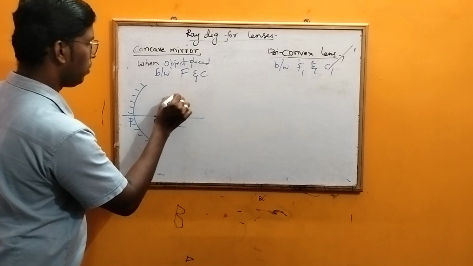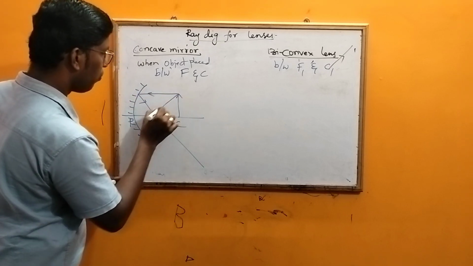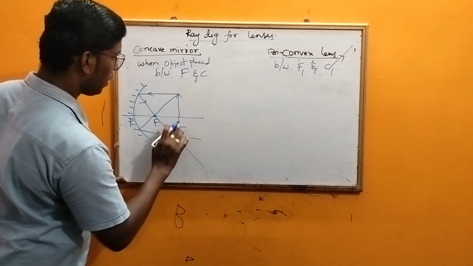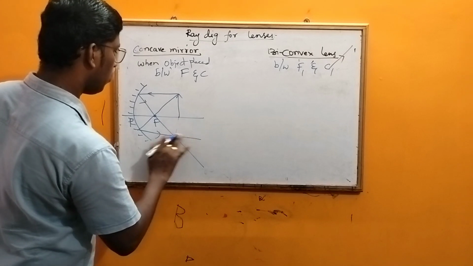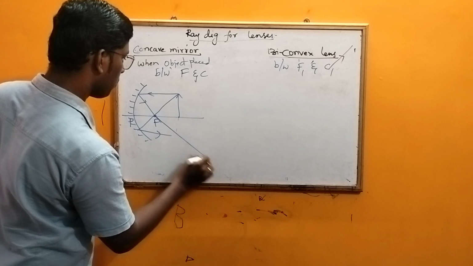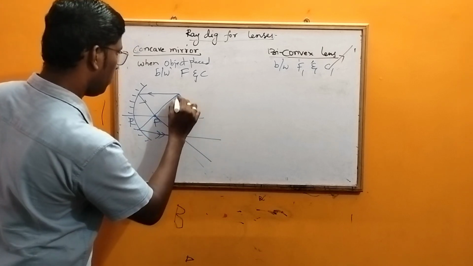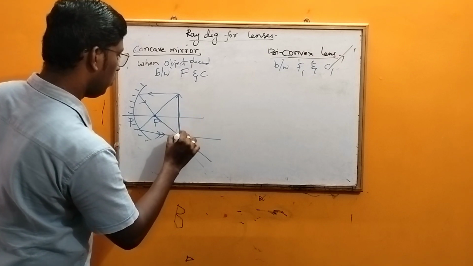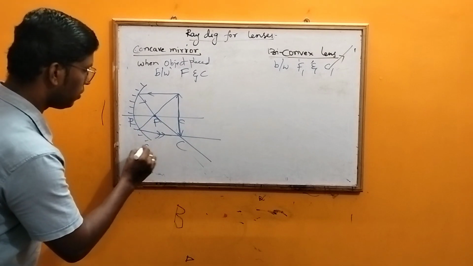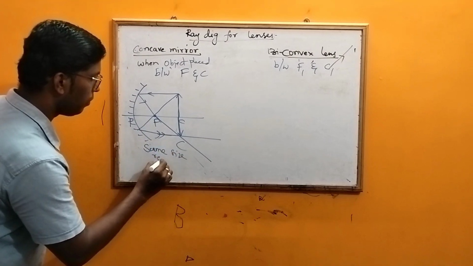Place the object on C; a ray parallel passes through the focus point, and another through the focus, and you will get the image exactly on C. So the image is formed on C, of the same size, and it is a real image.